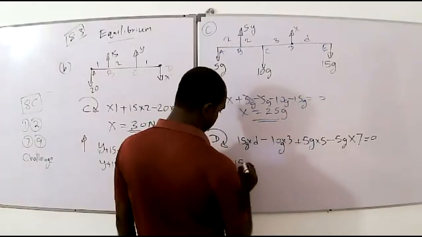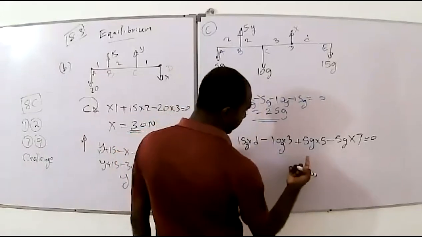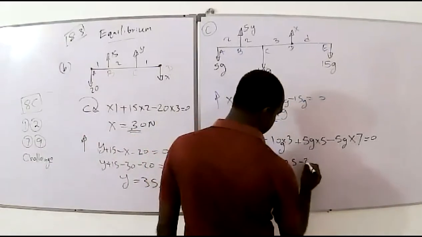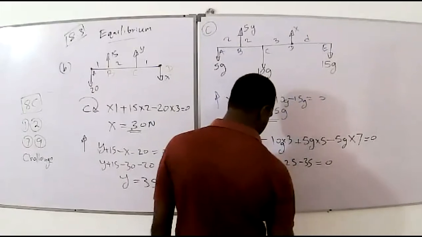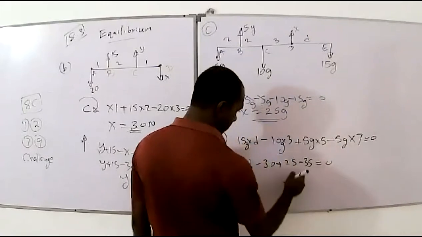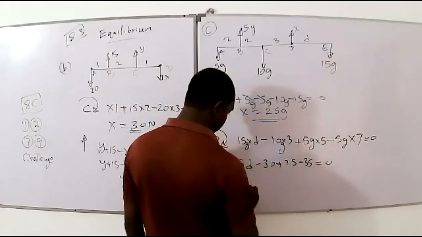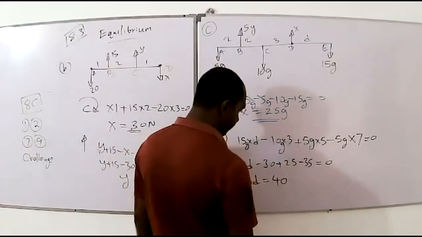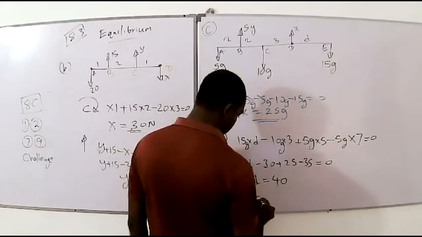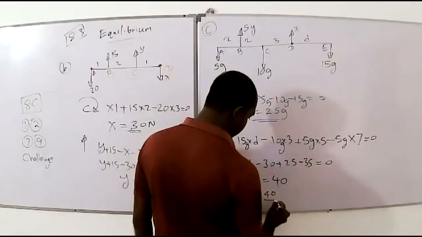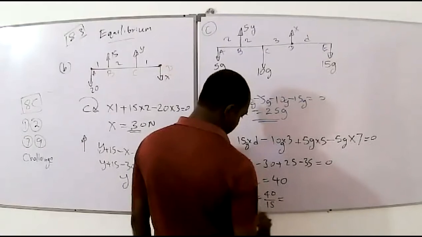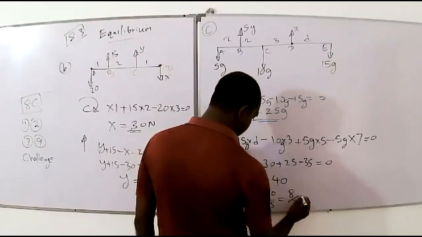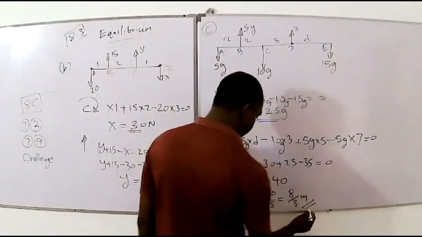So 15 times D, here we have minus 30 plus 25 minus 35, so minus 10 minus 4. So 15D is equal to 40. D is equal to 40 divided by 15. Divide both by 5, so you get 8 over 3 meters.